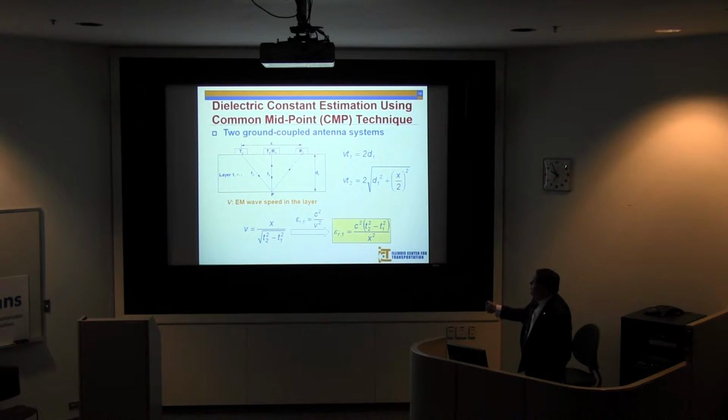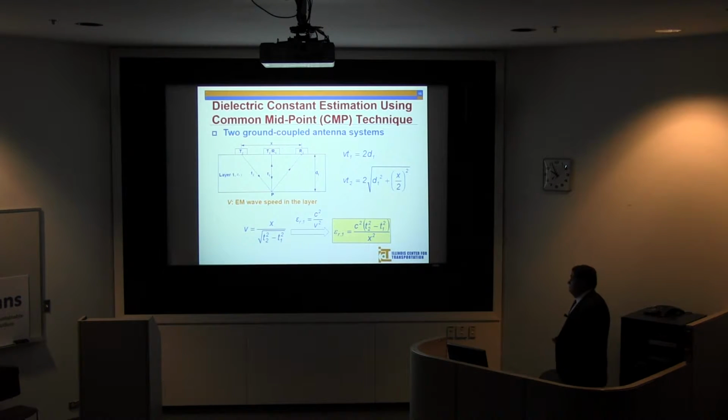From T1 and T2, using simple triangle analysis, I can find the dielectric constant. Of course, I know the distance between the two. The dielectric constant I calculate here is for the whole layer.